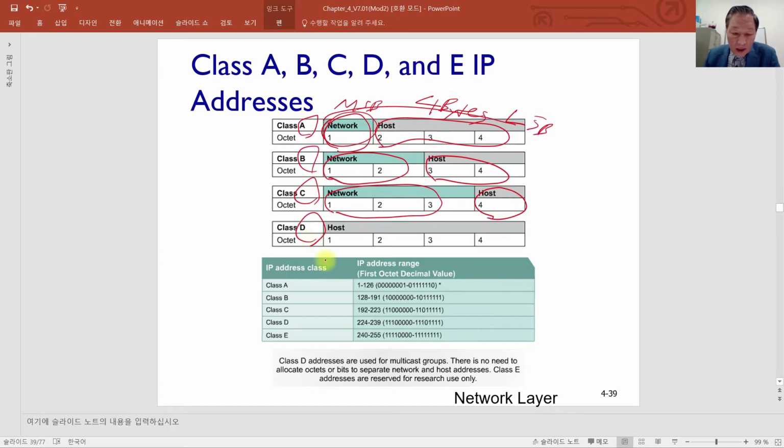And class D is used for multicast groups. Class E addresses are reserved for research purposes, so you don't need to worry about this. Please try to remember these 3 classes, A, B, C.